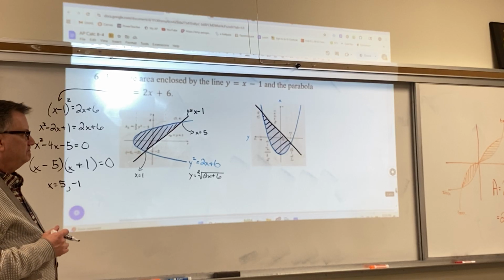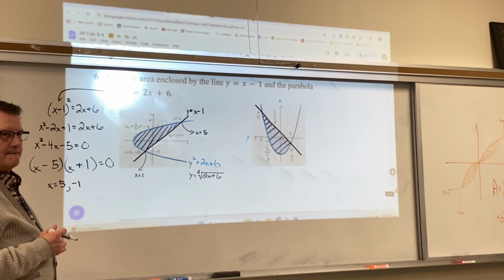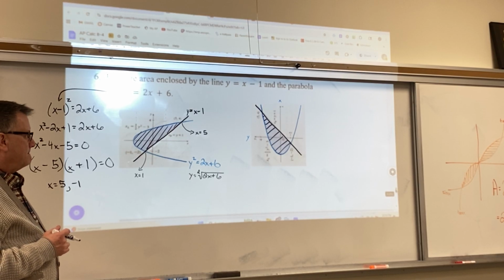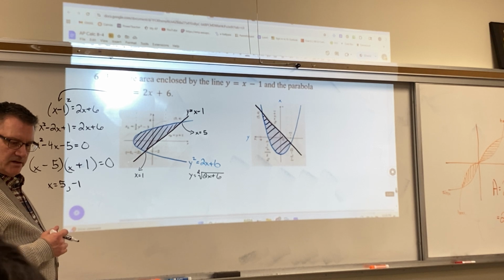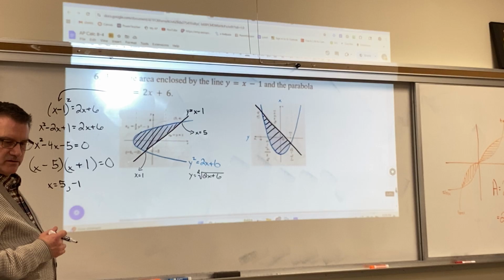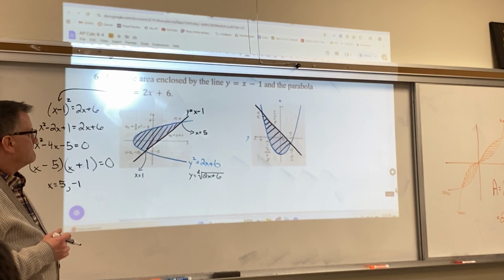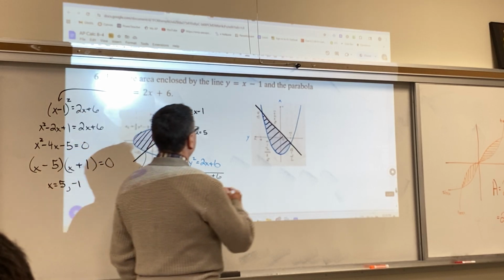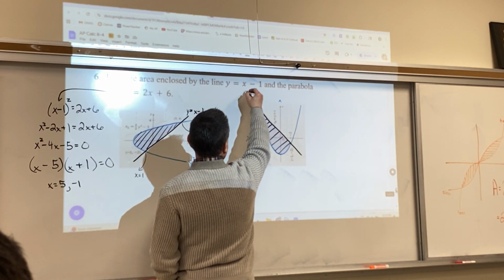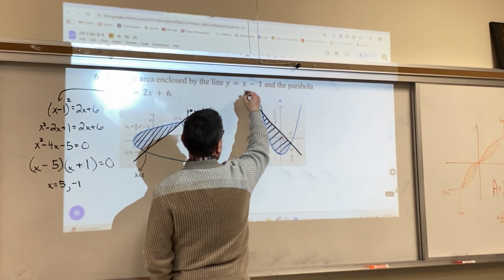But if I change it, I gotta put the equations in terms of x instead of in terms of y. So if I do that, this one's pretty easy because it's a line.